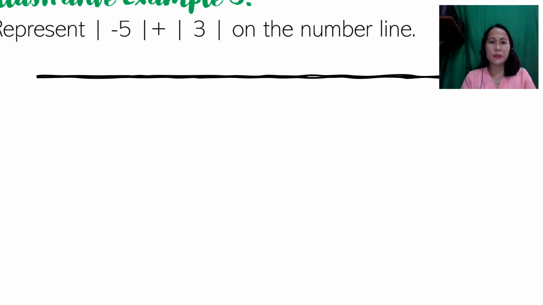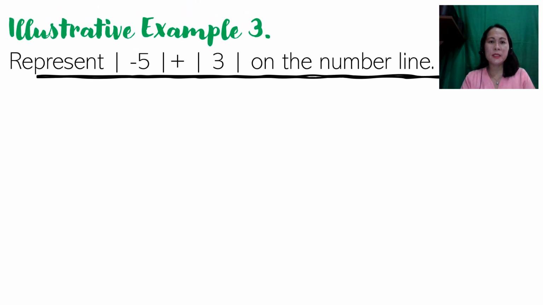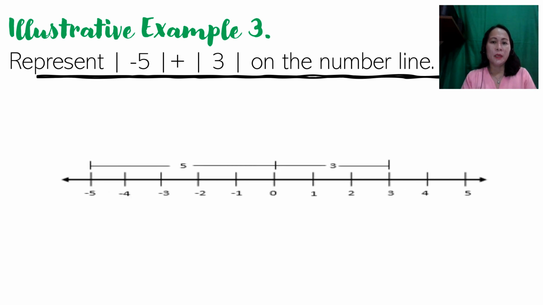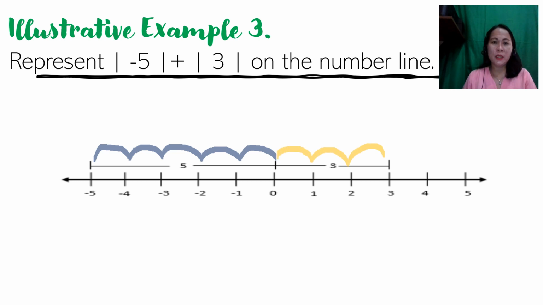Let's have illustrative example number 3. Represent the absolute value of negative 5 plus the absolute value of 3 on the number line. The distance of negative 5 from 0 is 1, 2, 3, 4, and 5, while the distance of 3 from 0 is 1, 2, and 3.